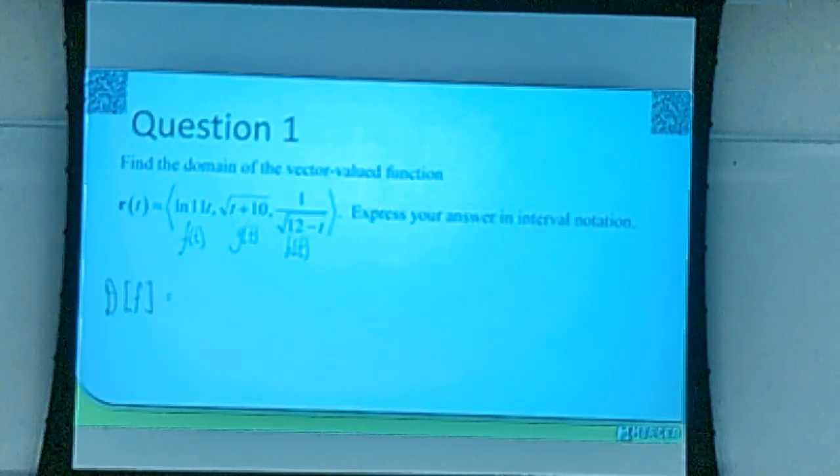There is no power you can raise e to get 0. So we know the domain of log of x is 0 to infinity. Well, now it's 11t. 11t has to be greater than 0, so t has to be greater than 0.